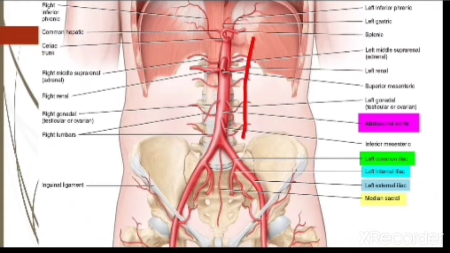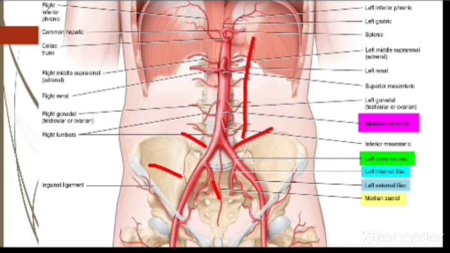This abdominal aorta bifurcates into two branches. One is this side, this is right common iliac, and this is left common iliac artery. This common iliac artery again bifurcates into external iliac artery, and this is internal iliac artery.